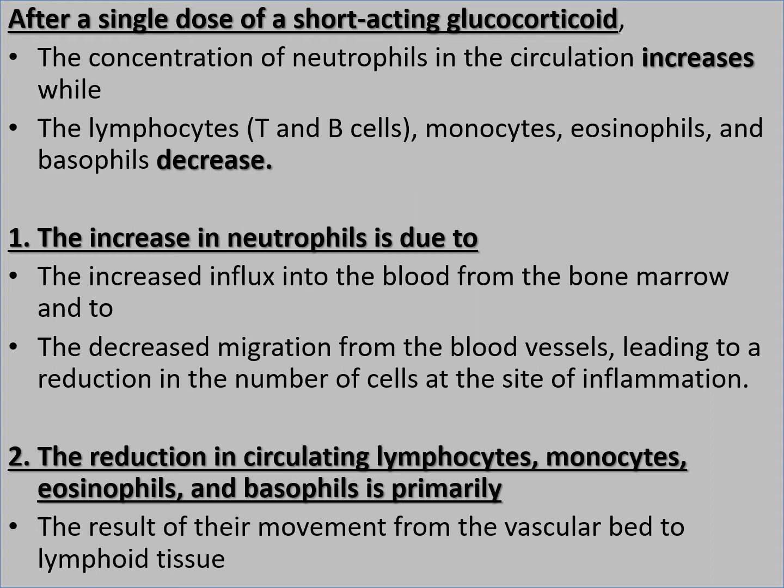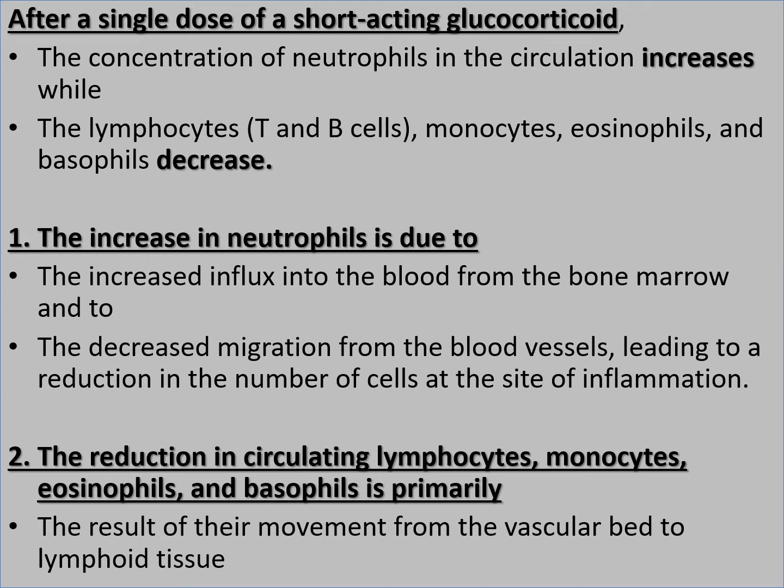There is a reason for this. Why is there an increase in neutrophils? Because of the increased influx of these neutrophils into the blood from the bone marrow. Another effect is decreased migration of neutrophils from the blood vessels, leading to a reduction in the number of cells at the site of inflammation.